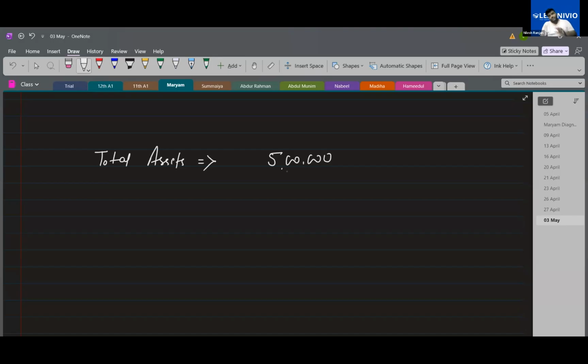So some part came from long-term liabilities and some part from our own capital. That is what we are trying to calculate: what part of this total asset came from equity, and it will also tell us what part is coming from debt.